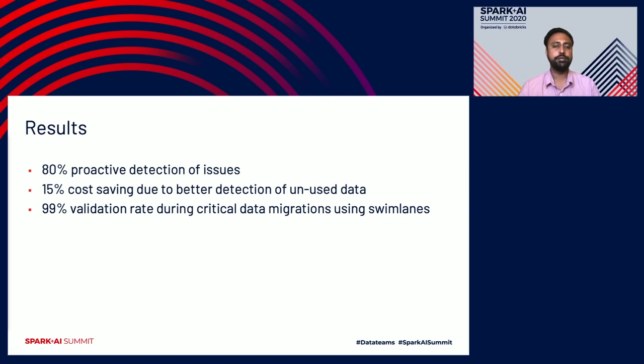This is important because at Netflix, we run several different A/B tests, and whenever we need to do data migrations, we need to ensure that they are completely transparent to the end A/B tests.